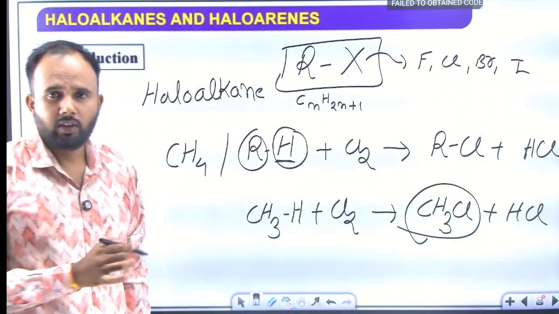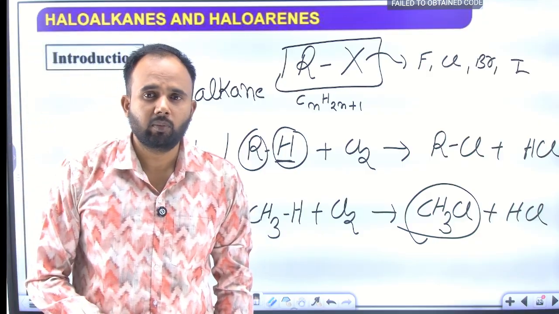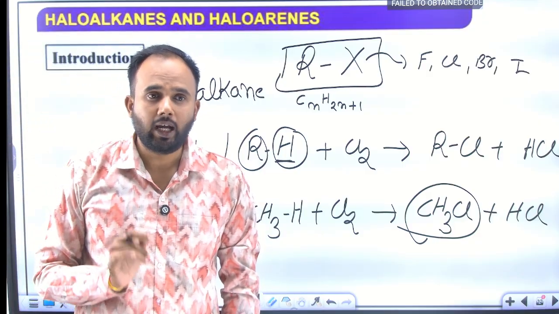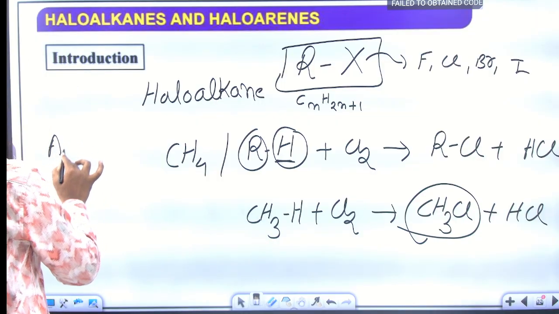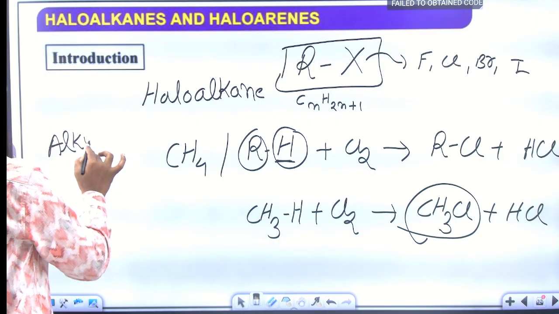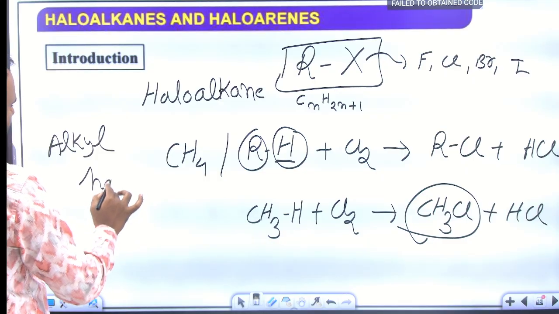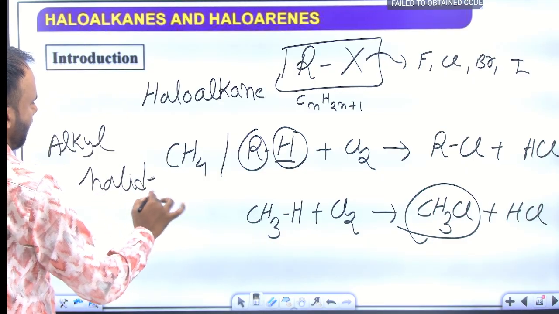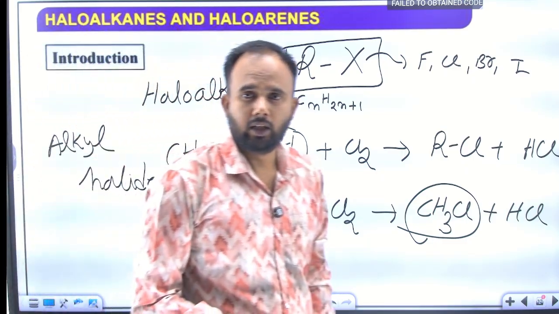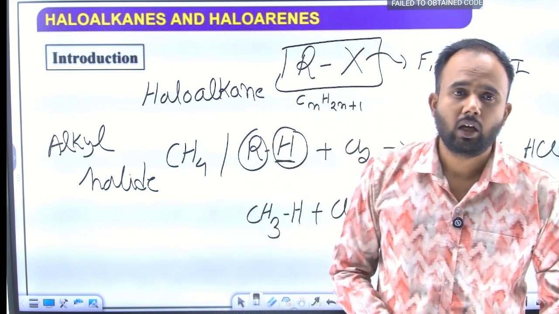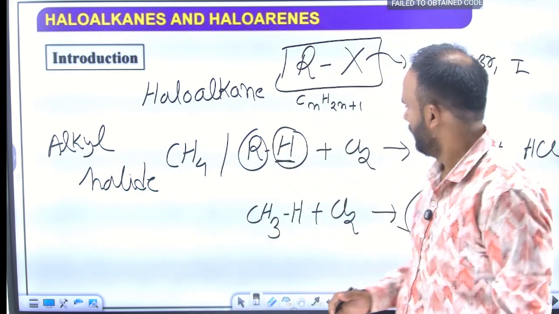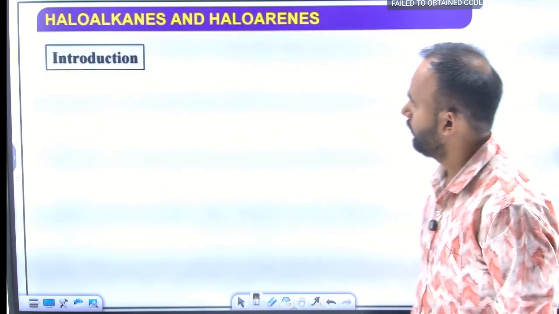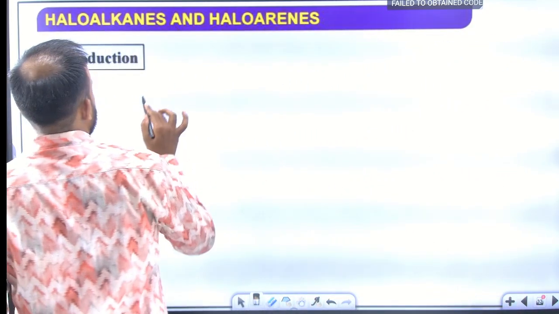Okay, if such a combination is available, it is known as haloalkane. The other name is alkyl halide. Haloalkane or alkyl halide. Clear? Now we go for the next term.